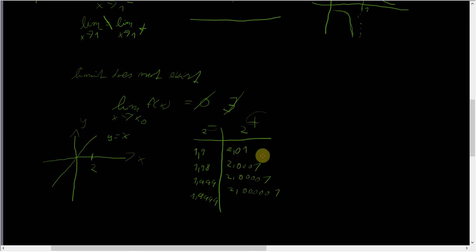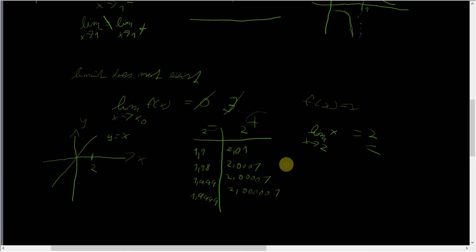Now, if I asked you, what does our limit approach at the point 2? It would be of our function f of x. That's our function, f of x equals x. Just plug in the value and it's 2.